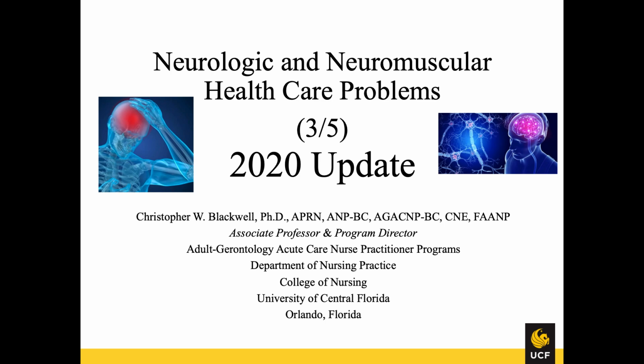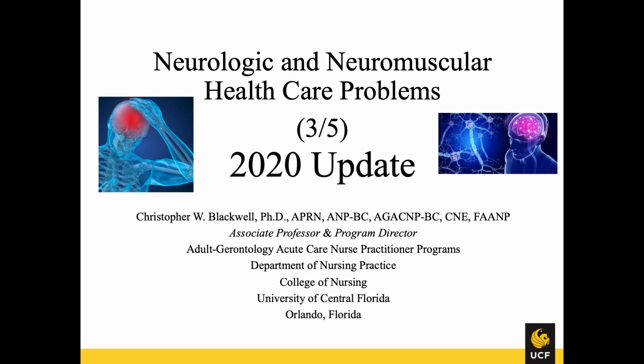So we're going to talk about different neurologic and neuromuscular healthcare problems, and this is a little bit of a different type of update than for other units that you might see in the course. For other units in the course, you might see where I've left the old material in place and just provided an updated lecture, so there's another additional lecture added to the unit.